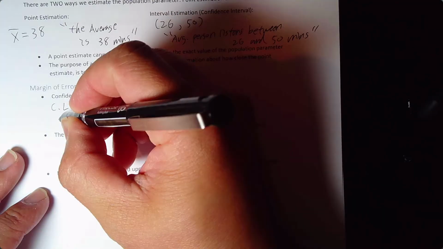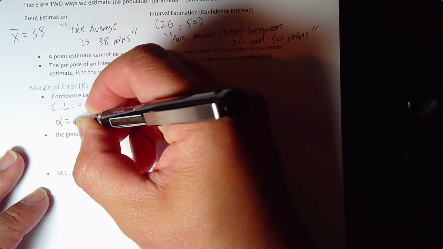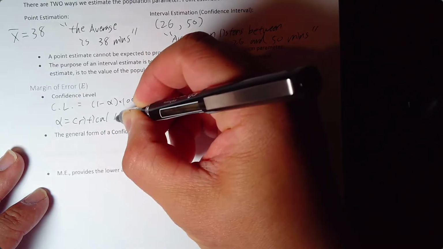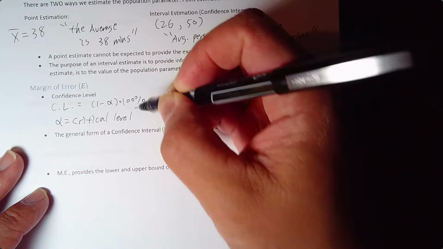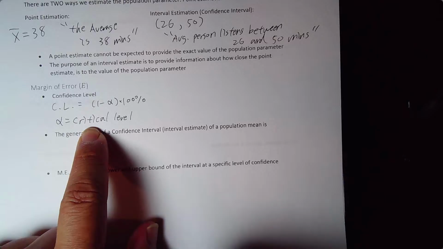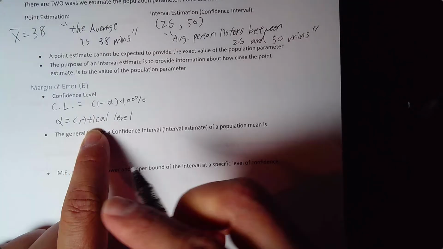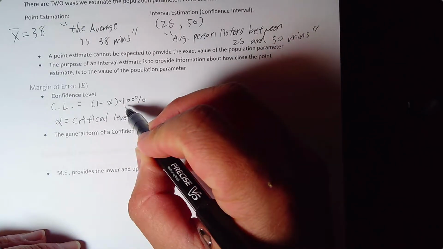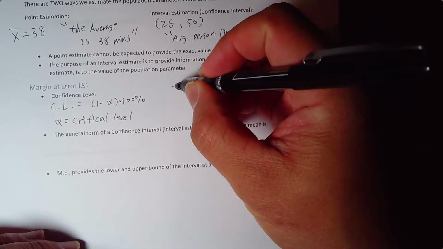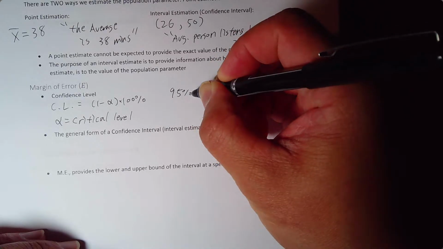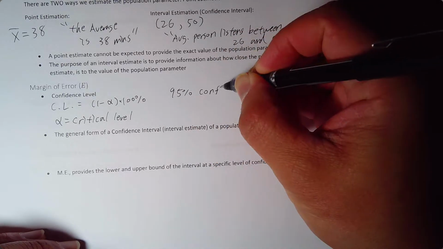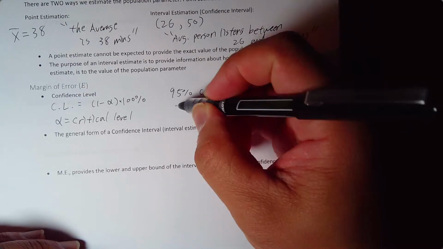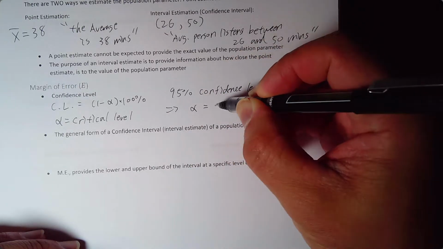Alpha equals the critical level. Alpha is going to be key. Again, we're going to wait until chapter 9 to really talk about what alpha is. But for now, this is the confidence level. So for example, a 95% confidence level will have alpha of 0.05.